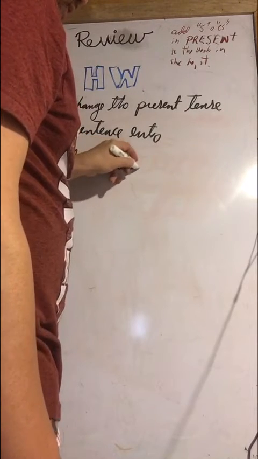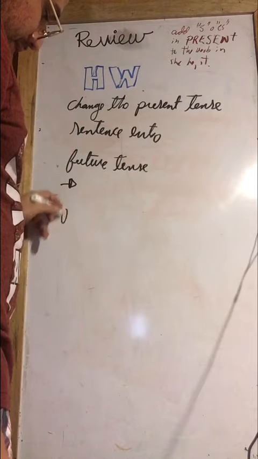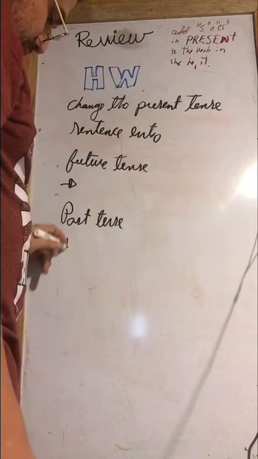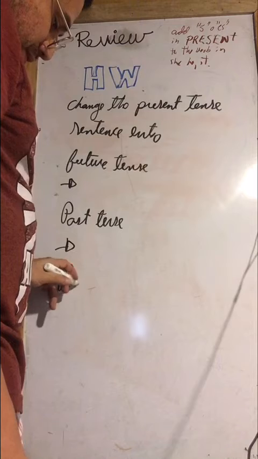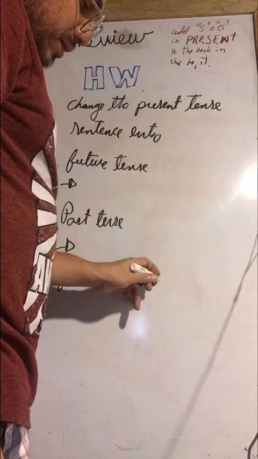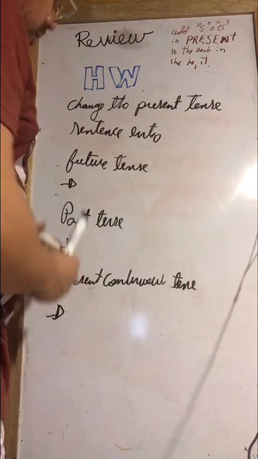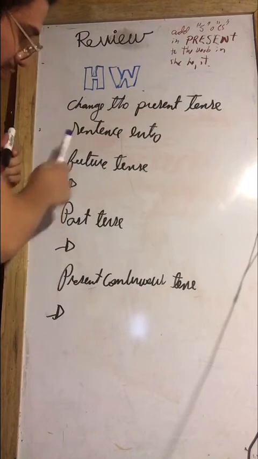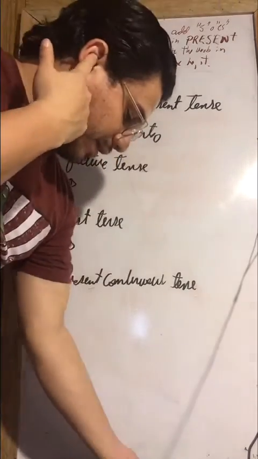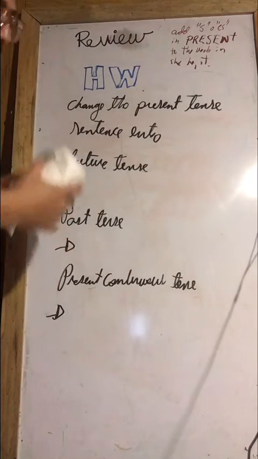Future tense, past tense, present continuous tense. So this is the way that you are going to copy it. I need to see these different formats. So what I'm going to change constantly is this. Number 1. Copy the homework. Pause it if you need to.